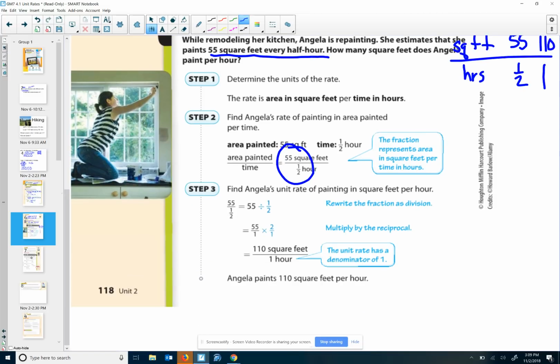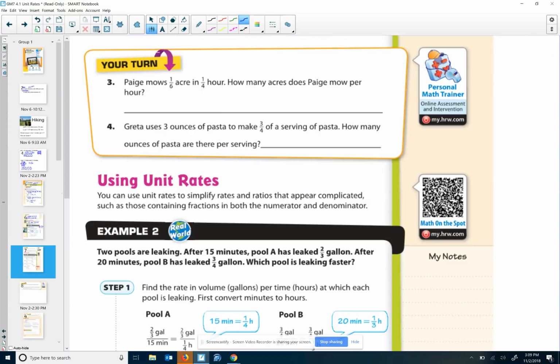Turn the page to 119. Let's see what we got on this one. If Paige mows a sixth of an acre in 1/4 of an hour, how many acres is Paige going to mow in 1 hour? So here's what I want you to think. This sentence is telling you acres per hour. Set up a fraction, acres over hours.